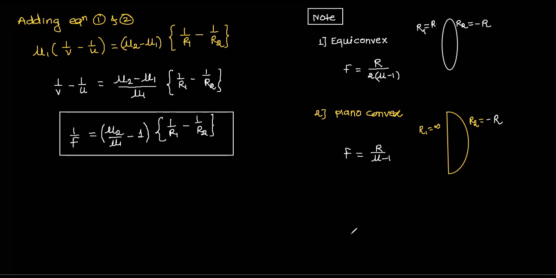Next one, third note point. So this is the third note point for equi-concave lens. I think space is not sufficient. We will go for next page. Okay, this one I am keeping on the next page. First, note down these two.